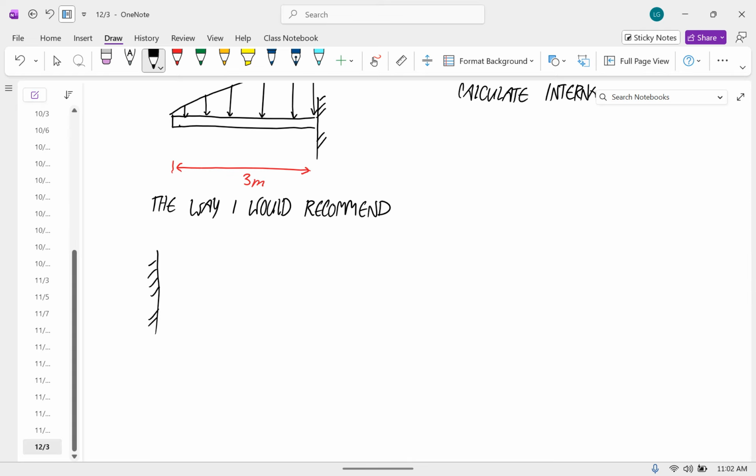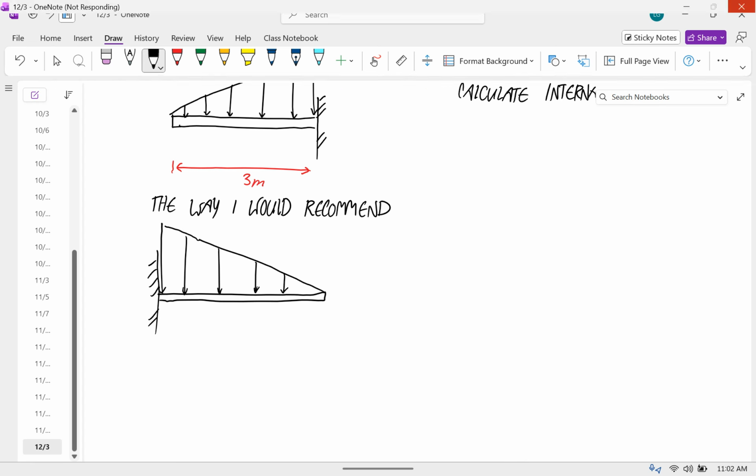The cantilever would be over here. Wait, no, I'm drawing the wrong thing. I'm doing them backwards. Let me draw this and then I'm just going to move them.